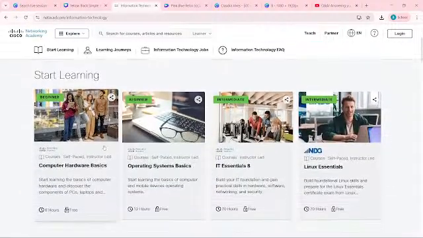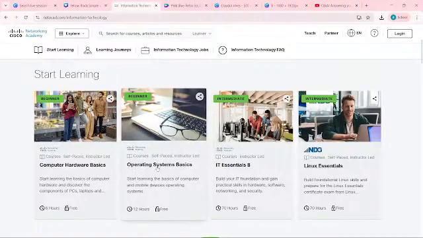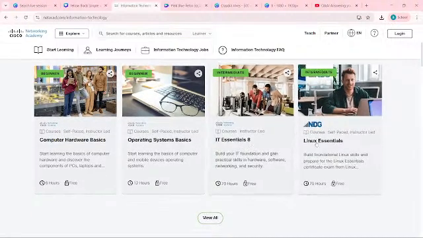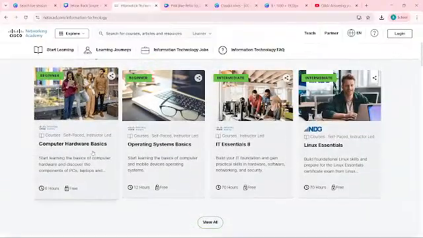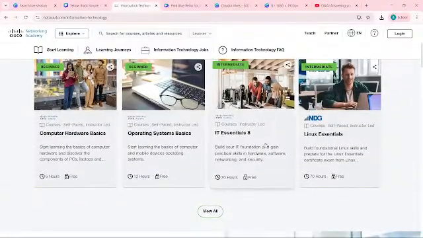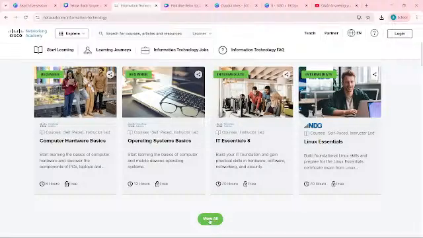They have a lot of courses like computer hardware basics, operating system basics, IT Essentials 8, and Linux Essentials. So basically, this IT Essentials is even intermediate. So let's view all.